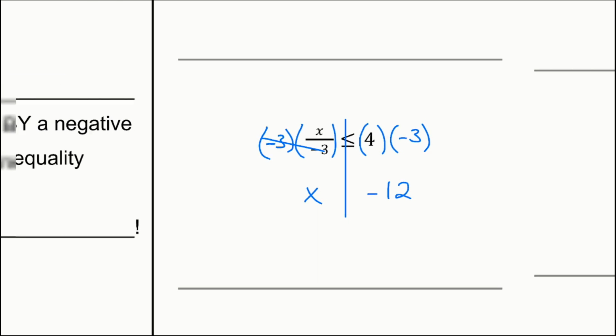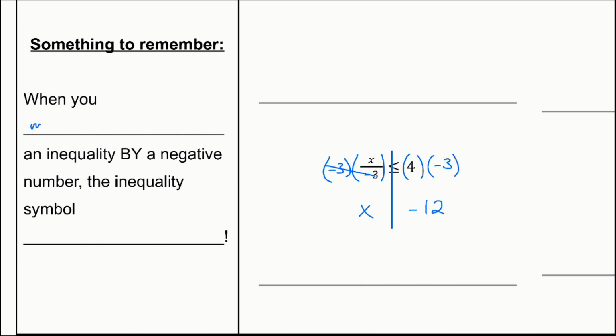However, when you multiply or divide an inequality by a negative, which is what we're doing here, okay, that was the -3, what happens is the inequality symbol must be reversed.